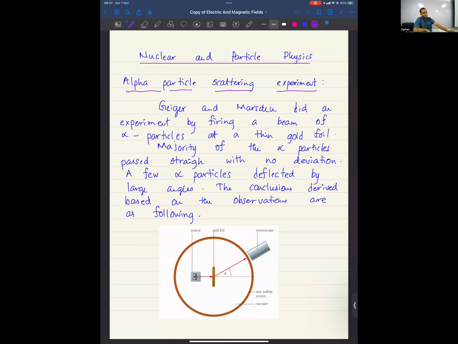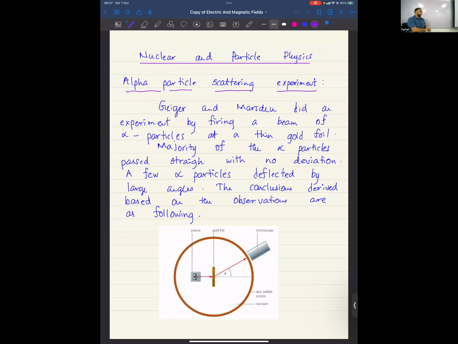Do you know what an alpha particle is? A helium nucleus. An alpha particle consists of two protons and two neutrons.